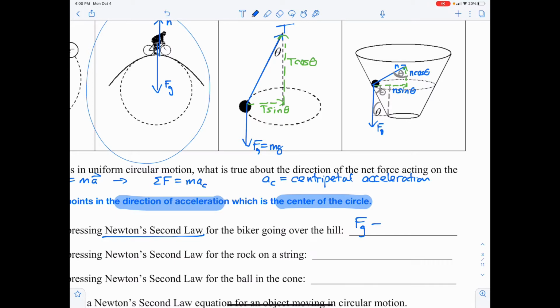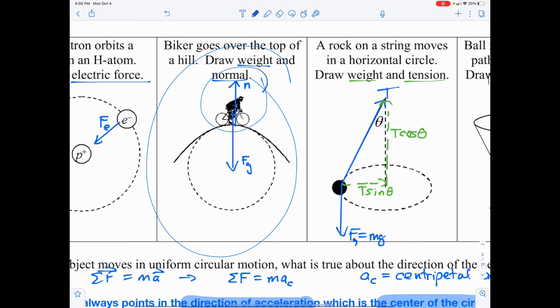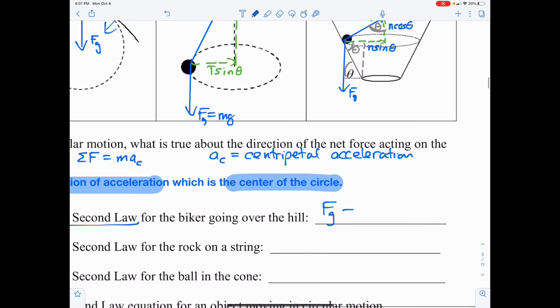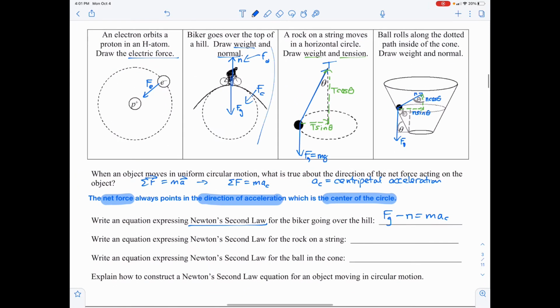Causing forces point toward the curvature, opposing forces point away from the curvature. So that makes gravity a causing force, and it makes the normal force an opposing force. So in this example, force of gravity minus normal force equals MAC would represent this scenario here.